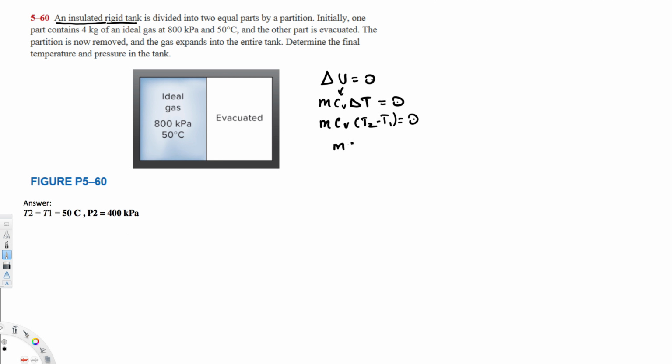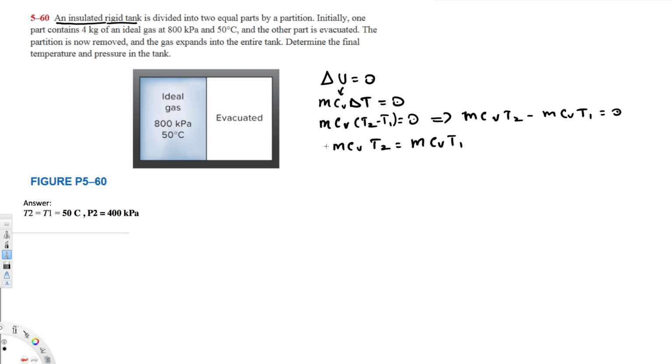I just expanded it like mCv T2 minus mCv T1 is equal to 0. Then we move this part to the other side, and that gives us this equation: mCv T2 is equal to mCv T1.